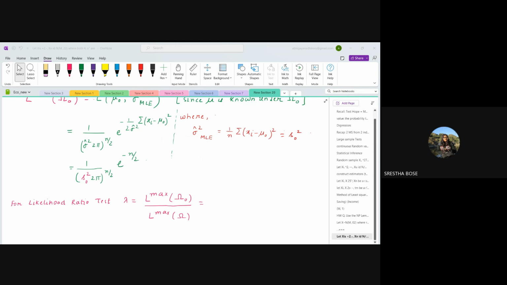S square by S naught square, to the power n by 2.